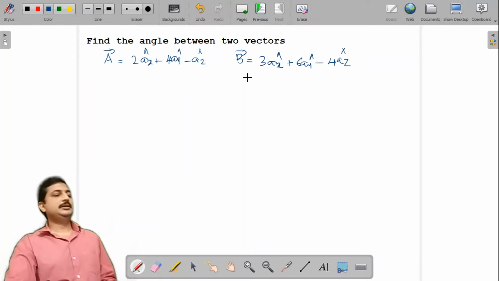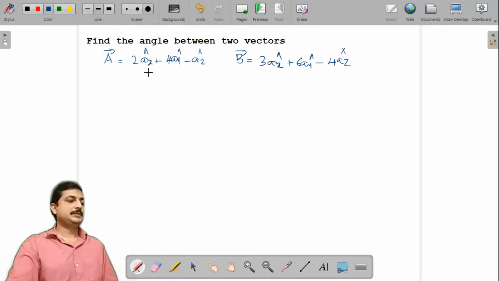You can take any two vectors represented in three-dimensional Cartesian coordinate system.